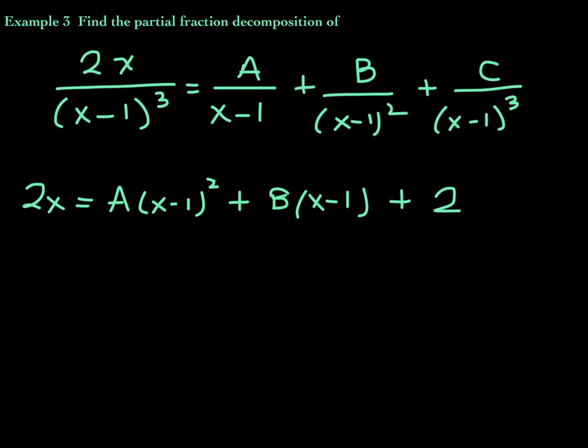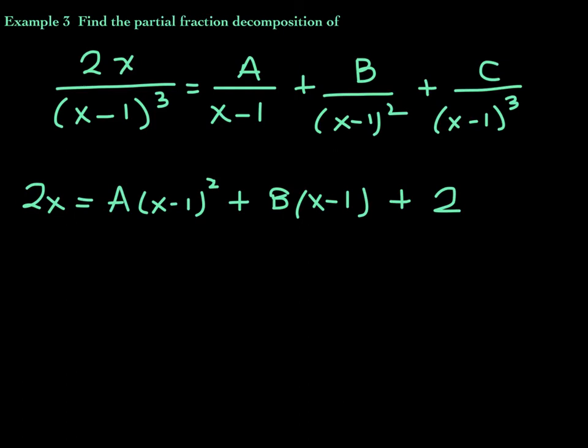What we want to do now is plug in a value here for x. We must remember that this is an identity, so we're allowed to plug in whatever we want for x. Let's plug in something that's easy arithmetically.